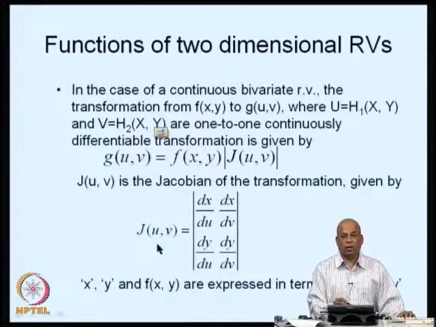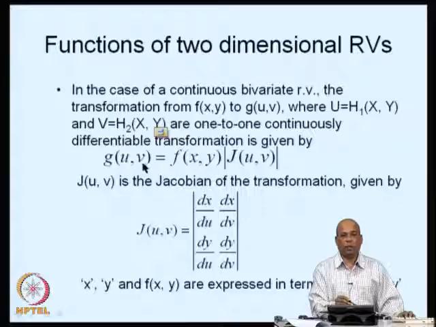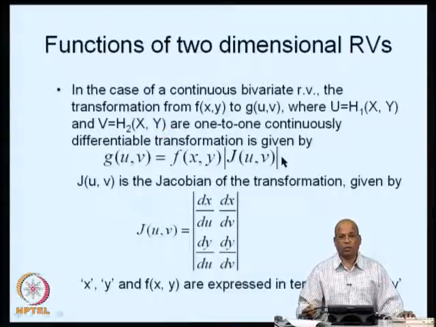The Jacobian u comma v is given by the determinant of dx by du, dx by dv, and dy by du, dy by dv. So, this is the Jacobian of the transformation. We take the absolute value of the Jacobian and then write g of u comma v as equal to f of x comma y times the absolute value of the Jacobian u comma v.